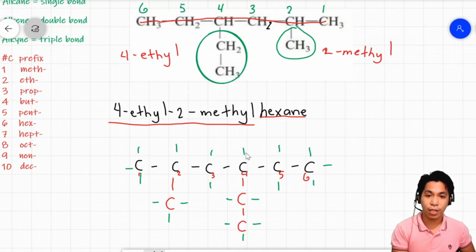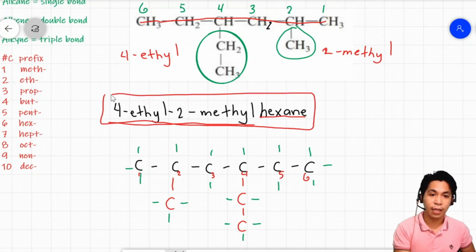So 1 hydrogen and then ethyl branch. Then carbon number 5. This one has 2 hydrogen atoms, no branch. There you go. And then carbon number 6 will just simply have 3 hydrogen atoms attached to it. Therefore, the name of our molecule is 4-ethyl-2-methylhexane.